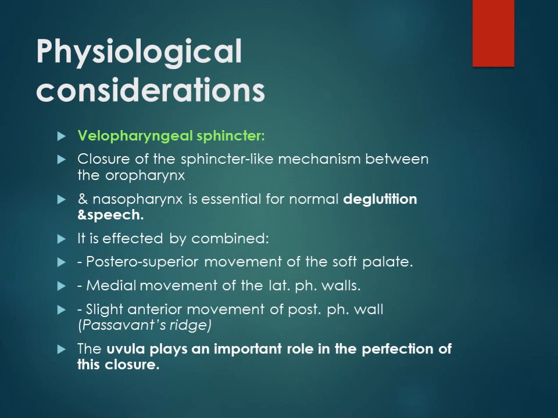The posterior superior movement of the soft palate, the movement of the lateral pharyngeal wall muscles, the movement of the posterior pharyngeal wall anteriorly, and the uvula act as an important part of this sphincter.